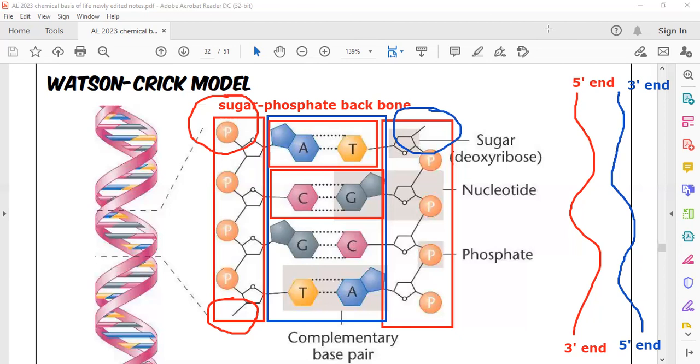Totally purines. Good. How many pyrimidines are there?